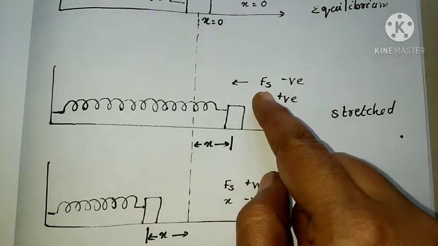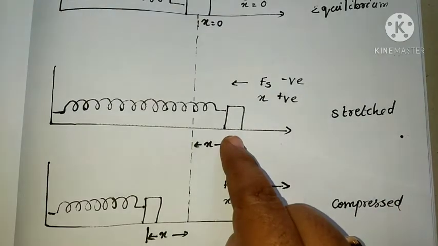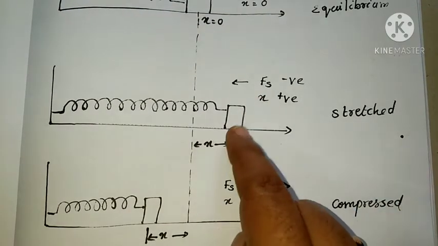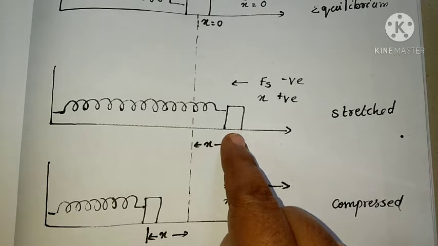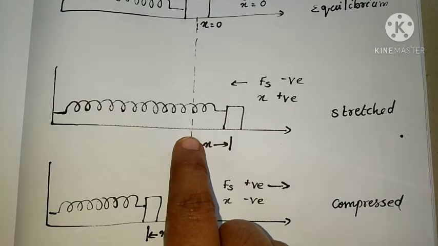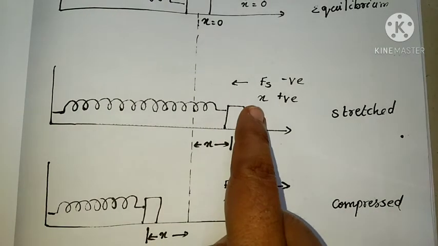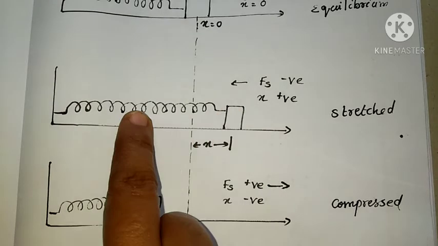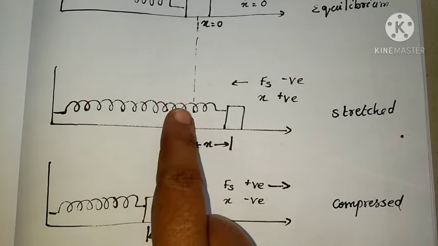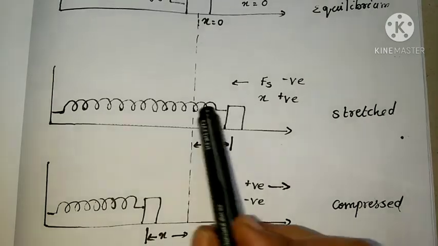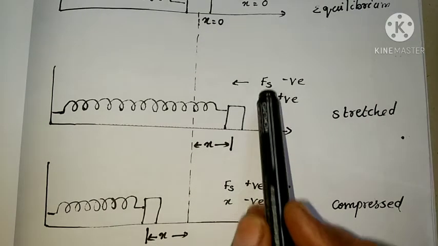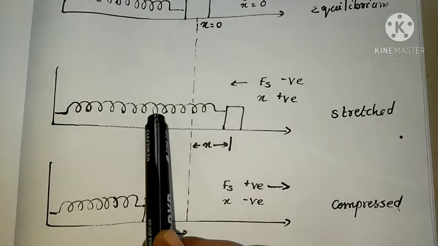The spring force has a tendency to bring the spring to its equilibrium position, so the spring force acts in the opposite direction of the applied force. So the applied force is in the positive direction and the spring force is in the negative direction.